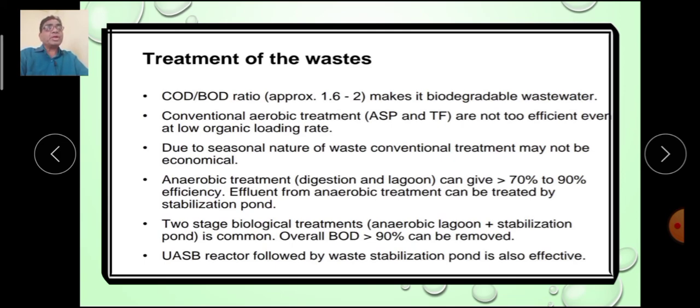The effluent from the anaerobic treatment can be treated by a stabilization pond, that is, water is sent to the stabilization pond. Now the two-stage biological treatment is common and overall BOD greater than 90% can be removed. And this USB reactor followed by a waste stabilization pond is also effective.